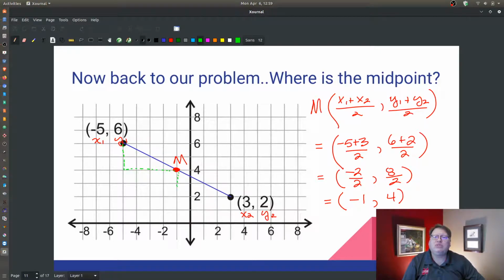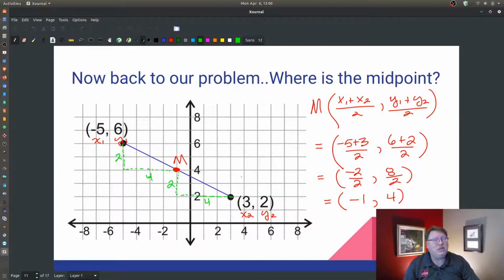Here we got down 2, right 4. So between the endpoint and the midpoint, I have a slope of -1/2. And between the midpoint and the other endpoint, I have a slope of -1/2. So I can use my slope to actually count over to the midpoint. So you can actually sort of use a counting method on these that are slanted.